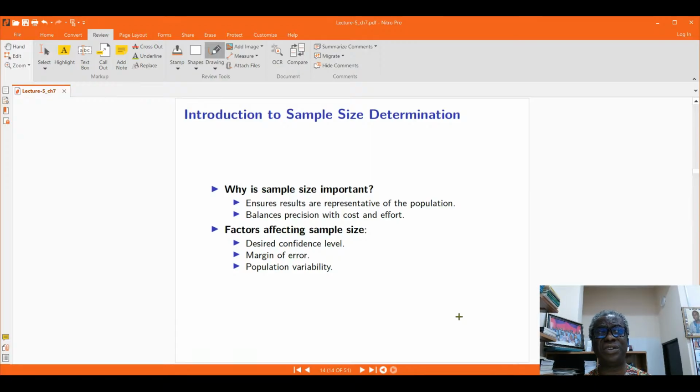We discussed the concept of margin of error in our last lecture when we were constructing confidence intervals.